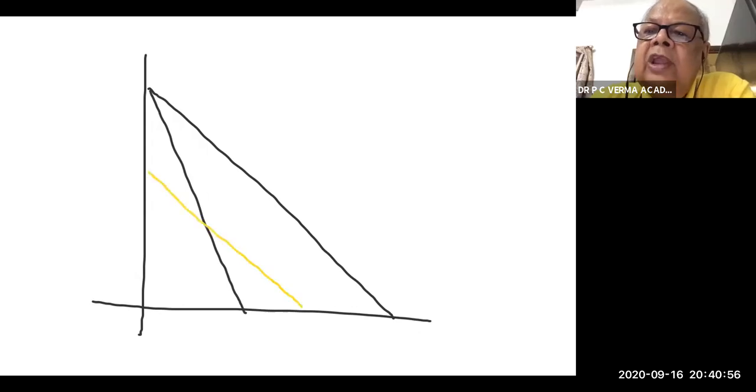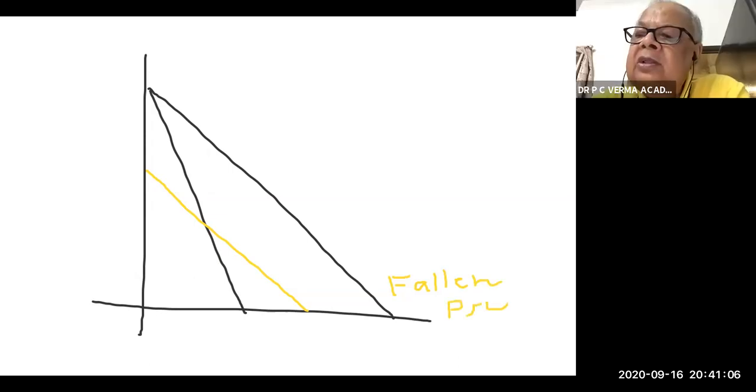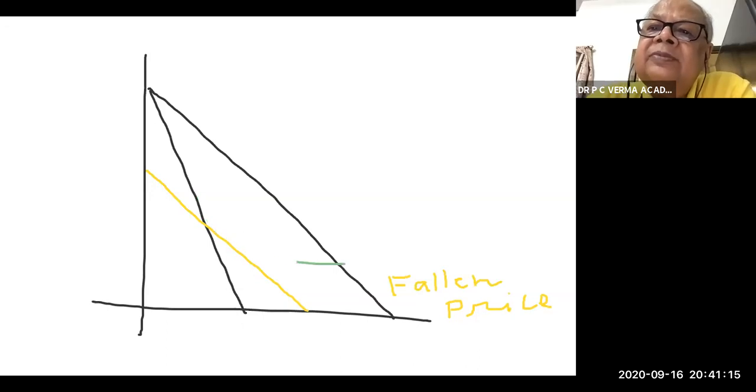We will draw a line parallel to the fallen price line. This is the fallen price line. Parallel to this, we have drawn it so that we can draw an indifference curve like this.